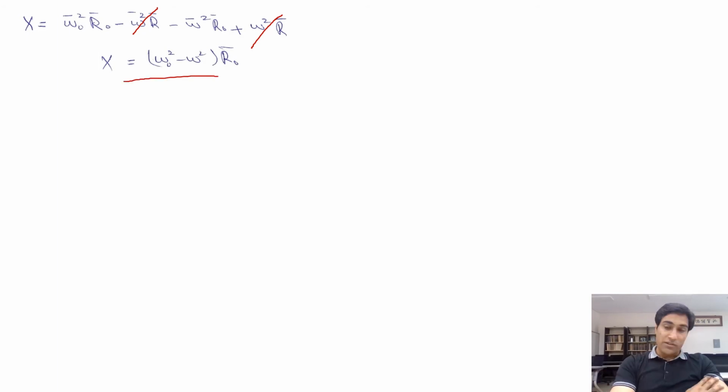This is just a simplification of the previous equation. These two terms are the same but their signs are opposite, so we simply cancel them. So this is the simplified result for x.